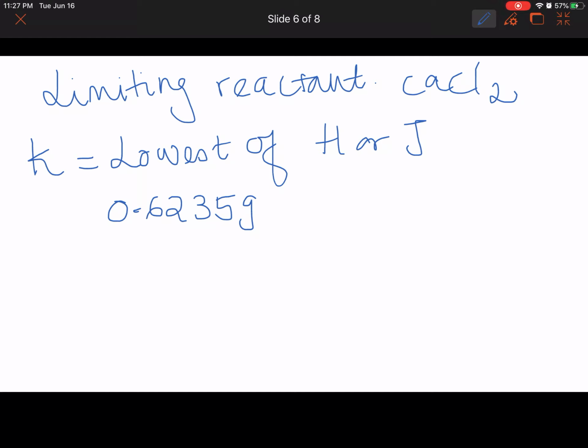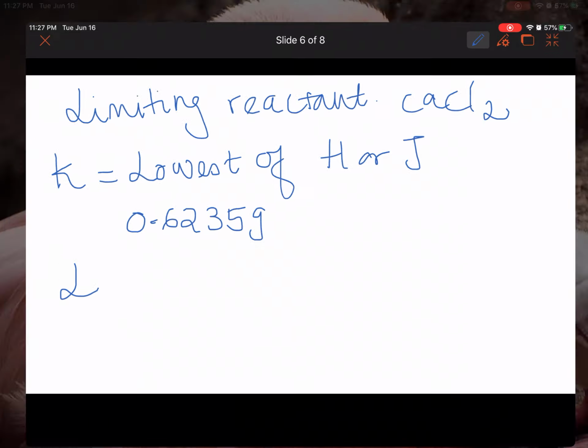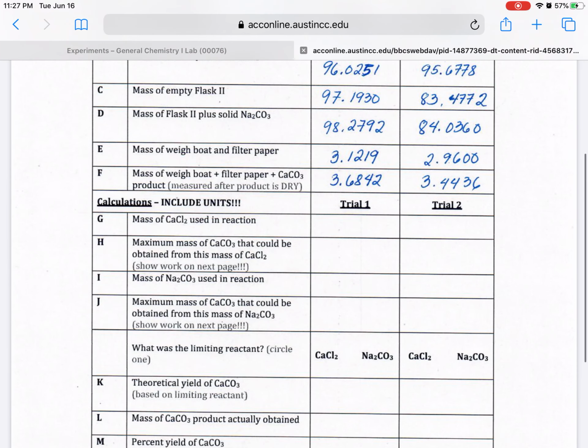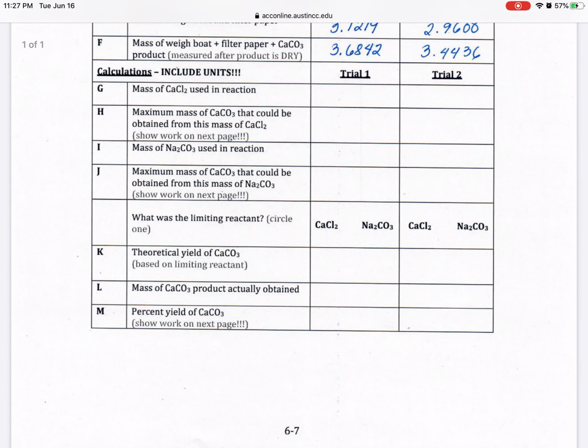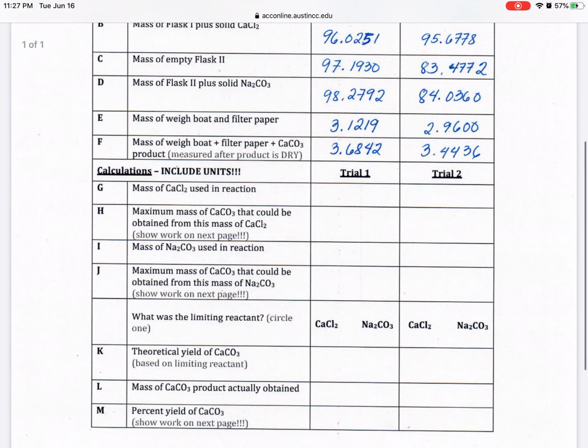And then the next one is the actual yield, which is the mass of the calcium carbonate product actually obtained. How do you find that out? That's going to be L, the mass of calcium carbonate product actually obtained. Which letters can we use for that? That is going to be F minus E. E is the mass of the weigh boat and the filter paper.